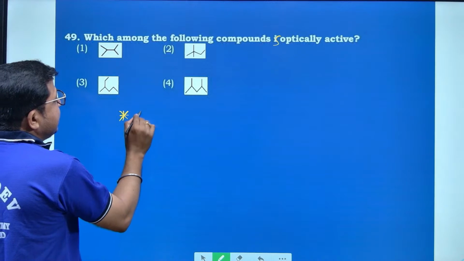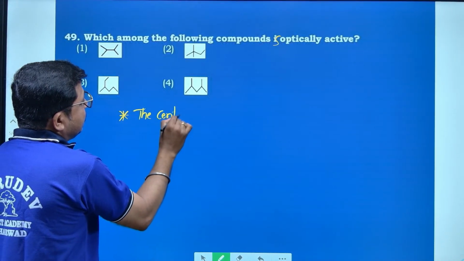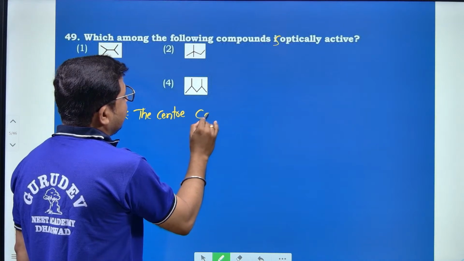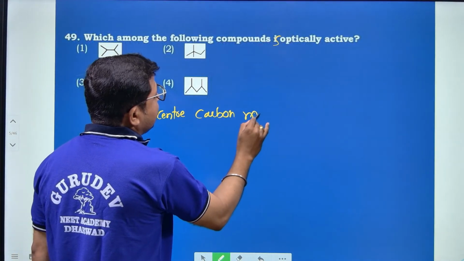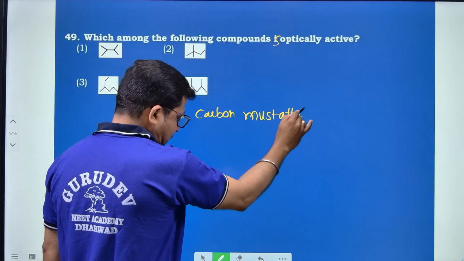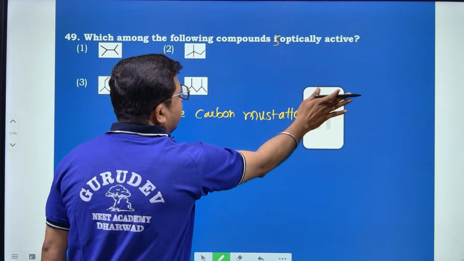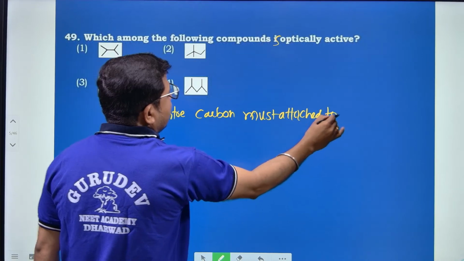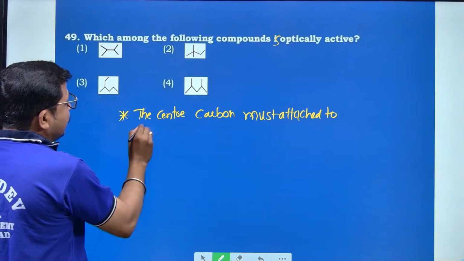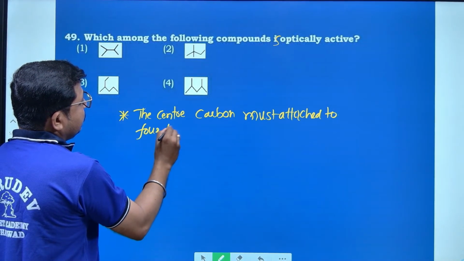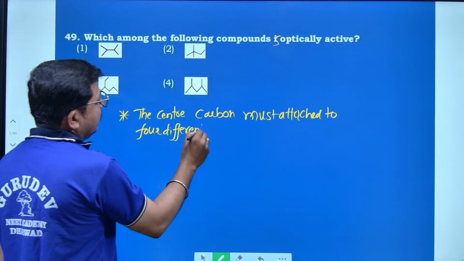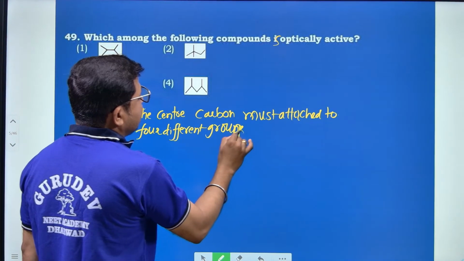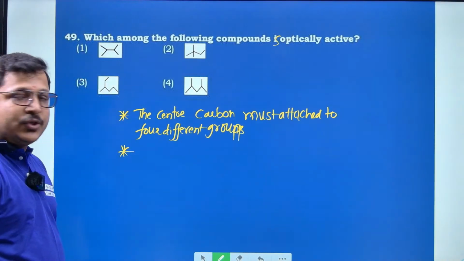First one, the center carbon, if we are calling it chiral, must be attached to 4 different groups.